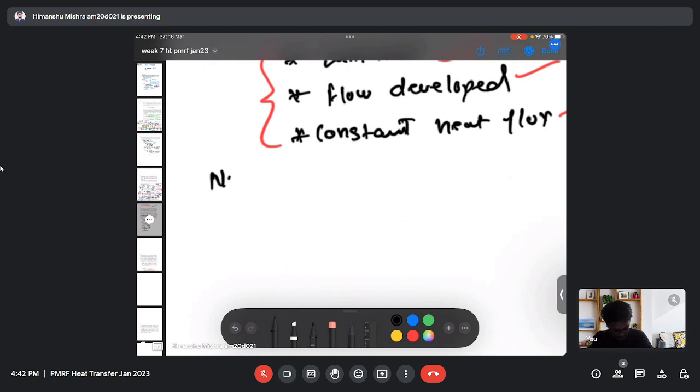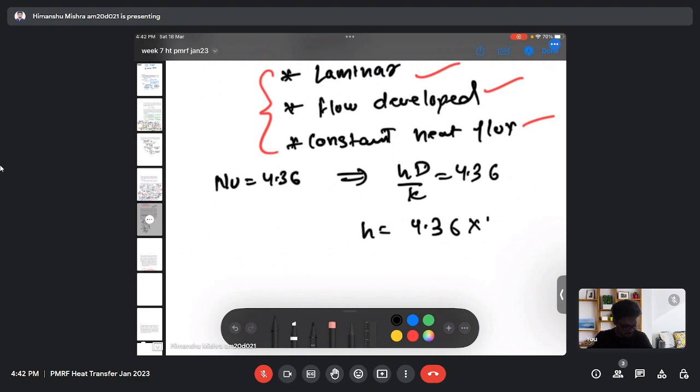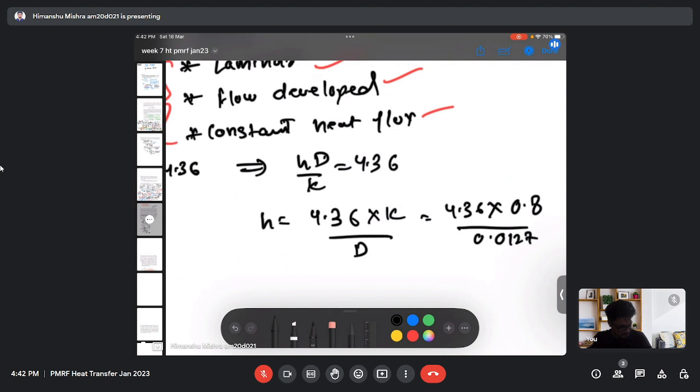So the Nusselt number for such condition will be 4.36. So my heat transfer coefficient will be, my thermal conductivity is given as 0.8, my diameter is 0.0127.